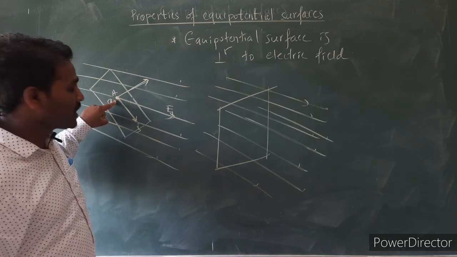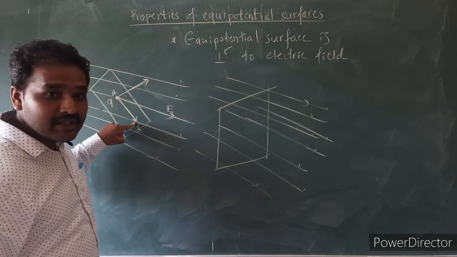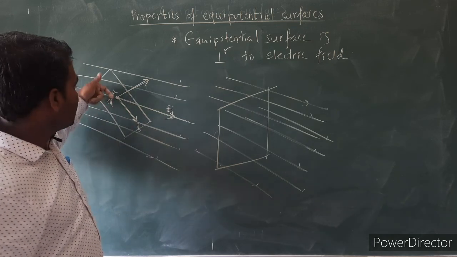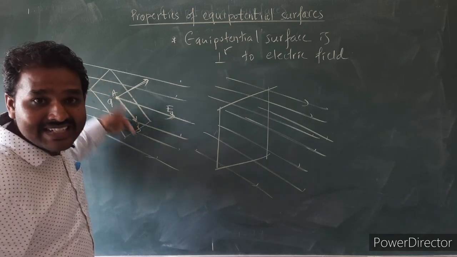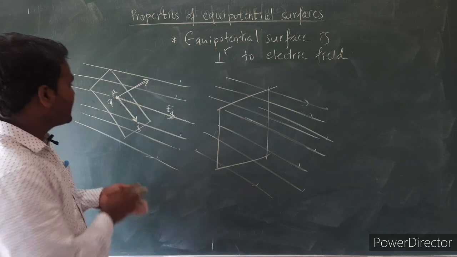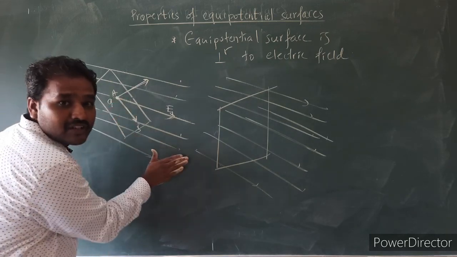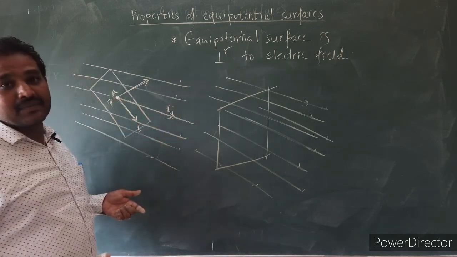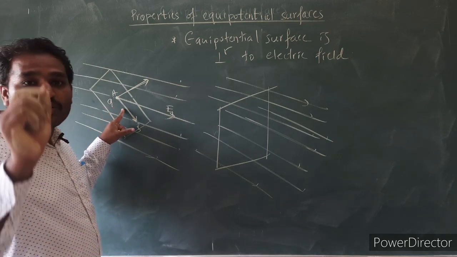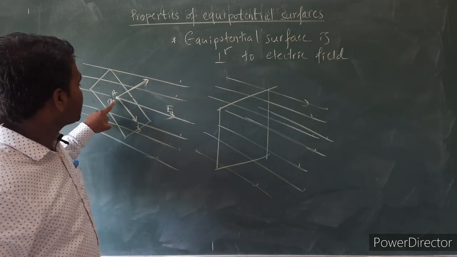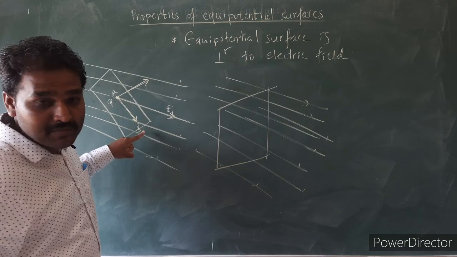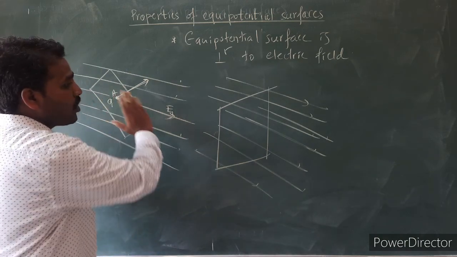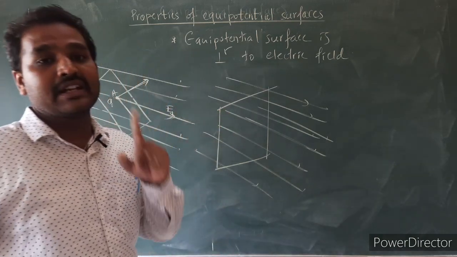The electrostatic potential at A is different from that at B, because there is some net electric field intensity along the surface, there is some parallel component of this net electric field. Hence, we have to do some work to move the charge from one point to another point if the surface is not perpendicular to the electric field.